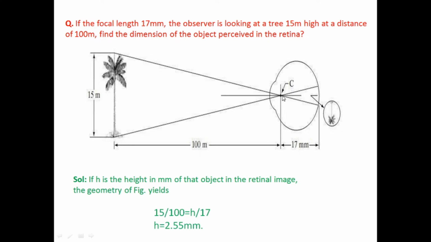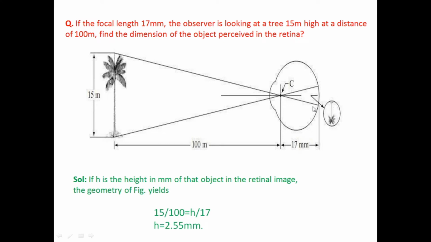So what is asked here? Find the dimension of the object. Here this is the length of the tree. What will be the length of the tree in the image plane? This is the question being asked. So if I assume h is the height in millimeters of the object in the retinal image, so small h is nothing but the height of the image in the retinal plane.